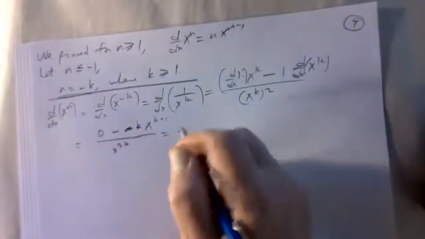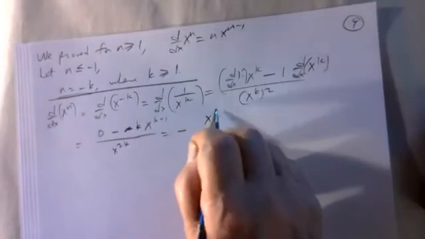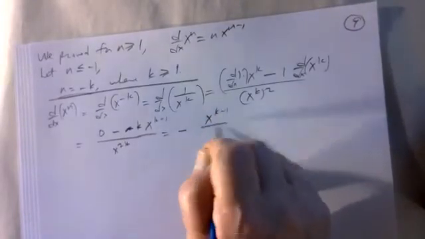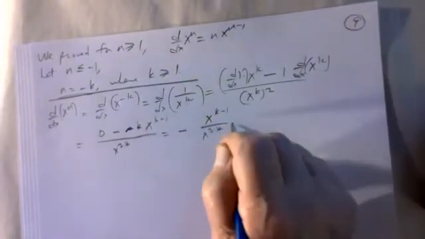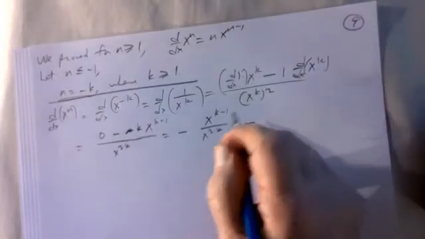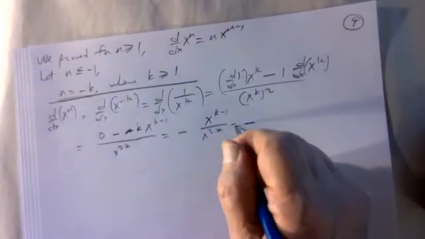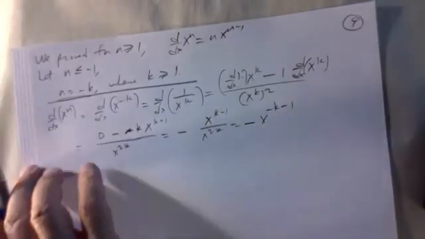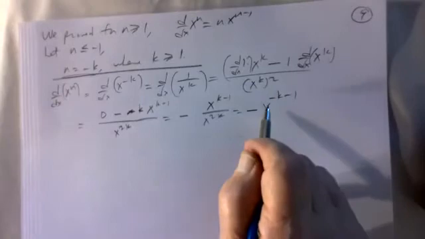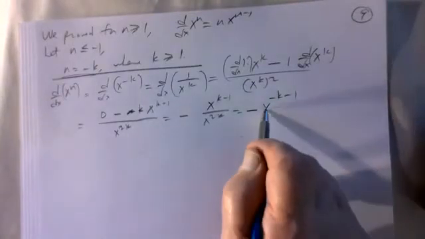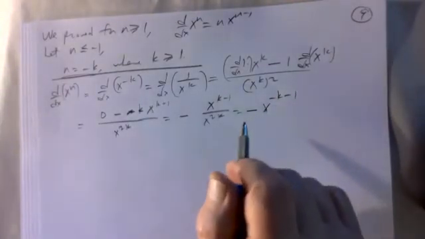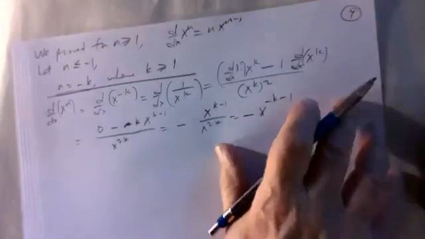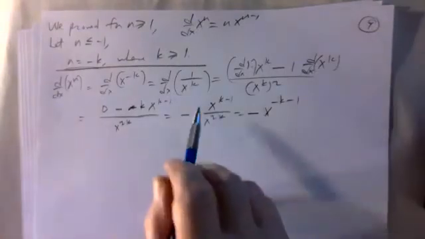So this is minus k x to the k minus 1 over x to the 2k. This is minus k x to the k minus 1 minus 2k, which is x to the minus k minus 1. Right? This is just the rules of exponents. I mean, if you have a question about this, really spend a lot of time at home thinking about it. And finally, oops, forgot the k.